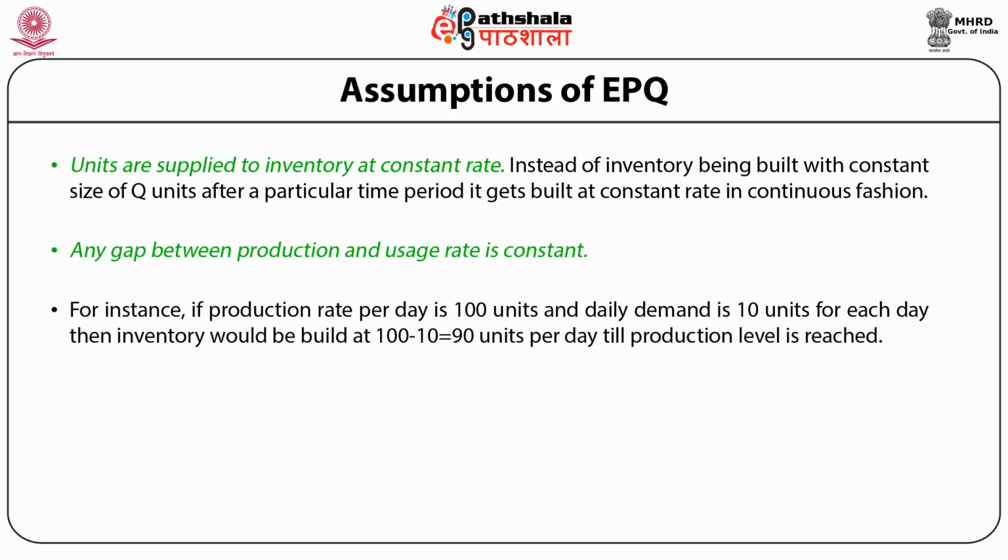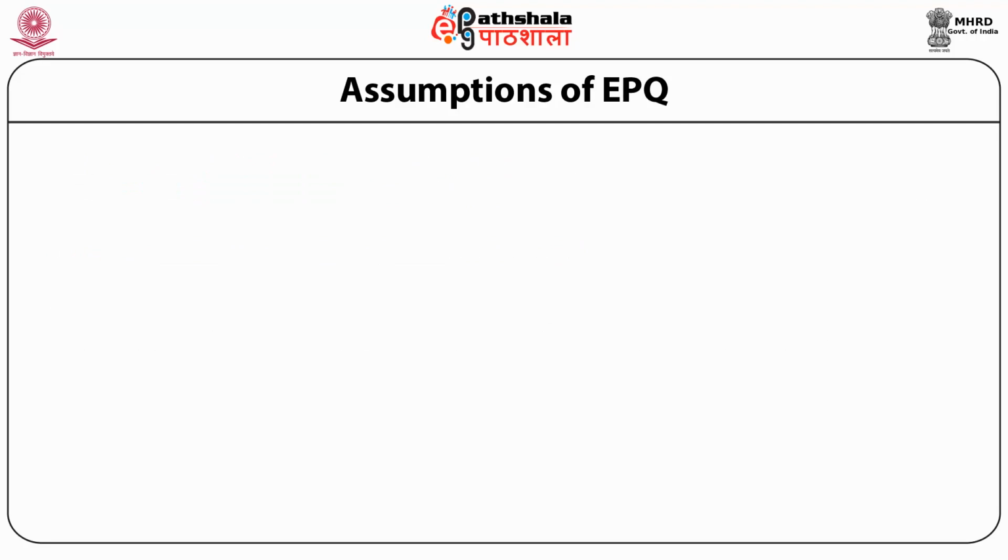For instance, if production rate per day is 100 units and daily demand is 10 units for each day, then inventory would be built at 100 minus 10 equals 90 units per day till the production level is reached.